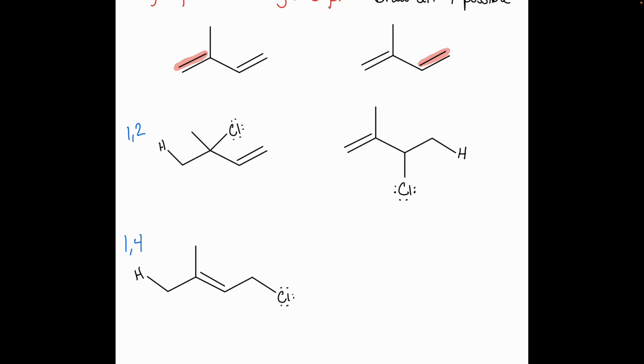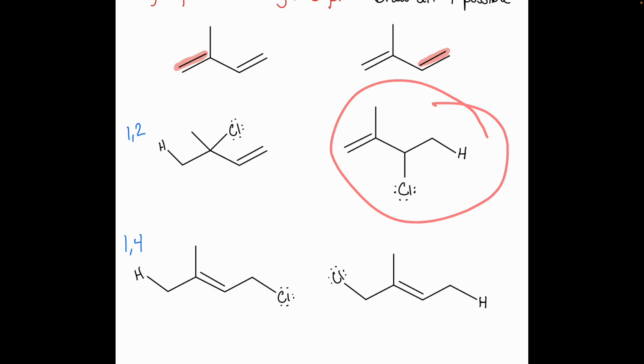If I was going to do the 1,4 adduct, again my hydrogen is on carbon 1, but now my double bond has moved positions because of resonance to be between carbons 2 and 3, and my chlorine is over here on the other end on carbon 4. So this would now be the 1,2 adduct and the 1,4 adduct if this double bond was playing the role of the nucleophile.